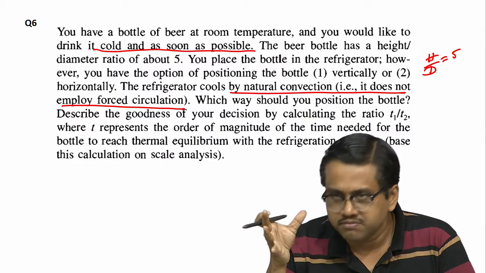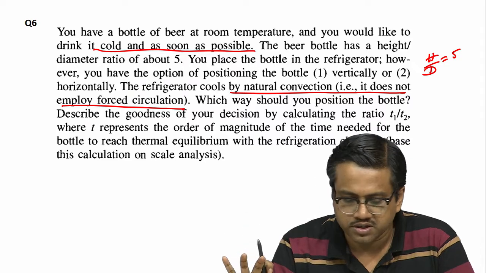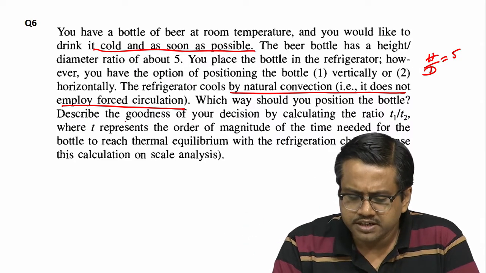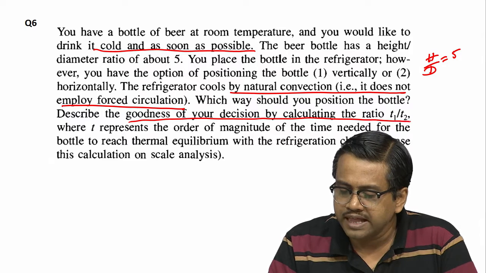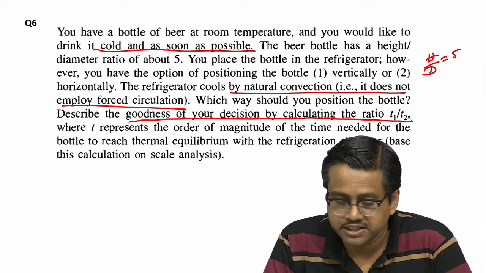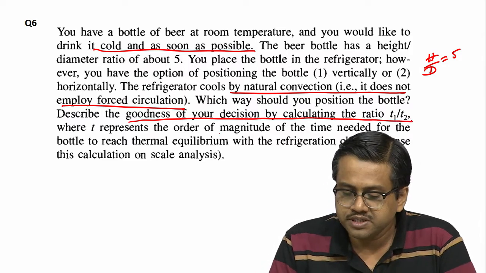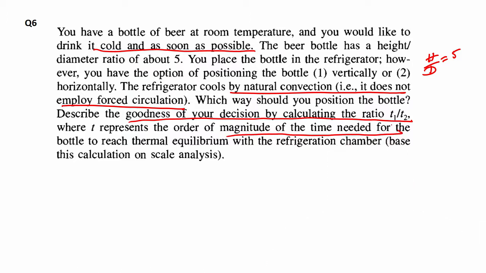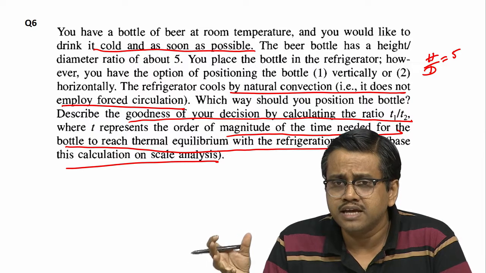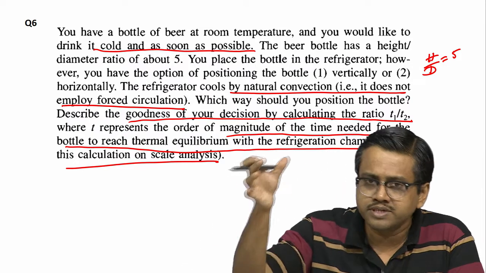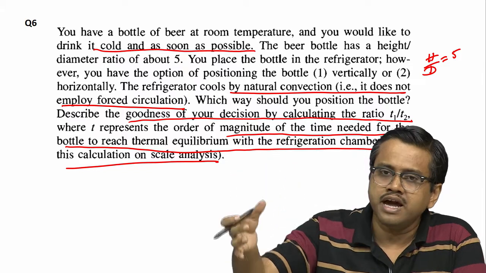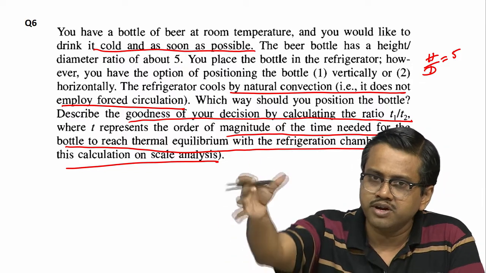Describe the goodness of your decision by calculating the ratio T1 by T2, where T represents the order of magnitude of the time needed for the bottle to reach thermal equilibrium with the refrigeration chamber. This calculation is to be done based on scaling analysis. This is not just beer; for any other soft drink, if you buy a can, you can place it either vertically or horizontally.